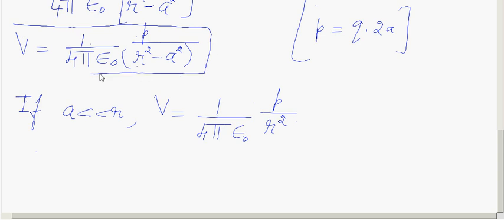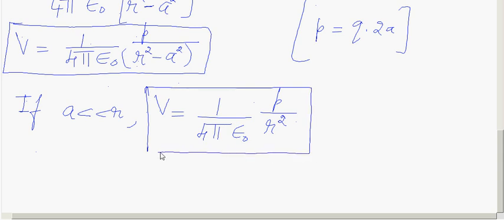This is the potential at point P, and if point P is far away from the dipole, then V is 1 by 4 pi epsilon naught into p by r square. We can say from this equation V is inversely proportional to r square. So the potential due to a dipole obeys the inverse square law. V is proportional to 1 by r square.